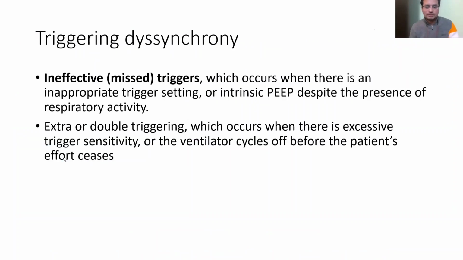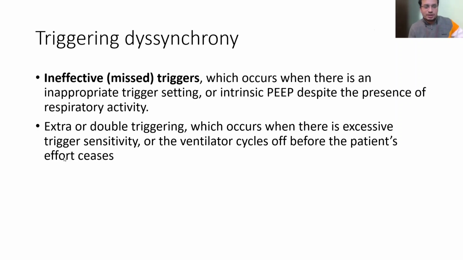You must remember that there are two most common asynchronies described: ineffective or missed trigger, and extra or double triggering. Ineffective or missed trigger occurs when there is an inappropriate trigger setting or intrinsic PEEP despite the presence of respiratory activity.